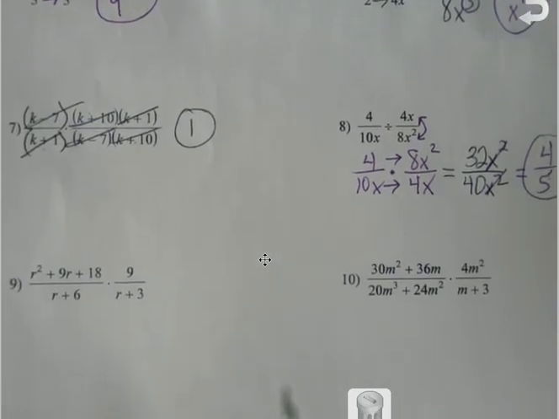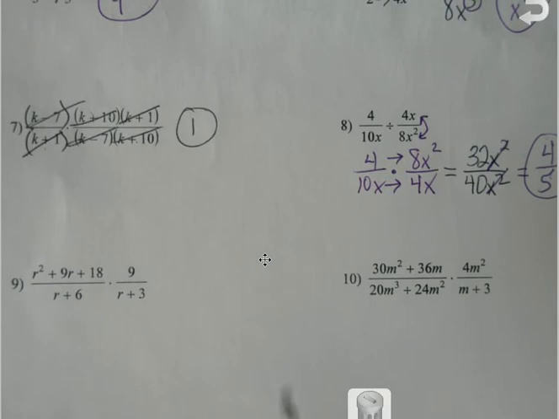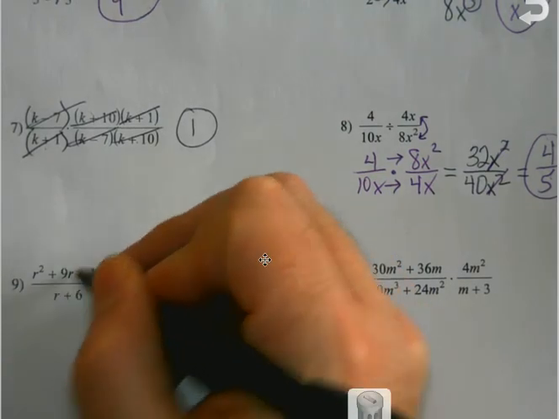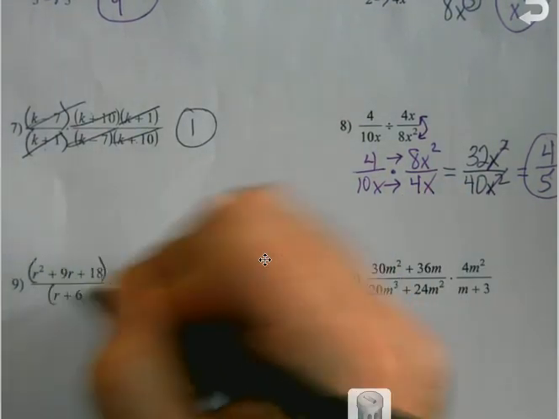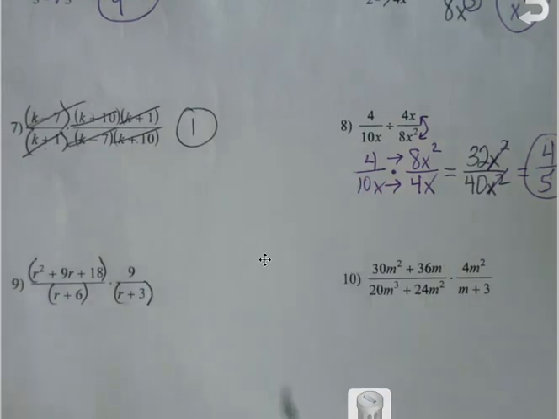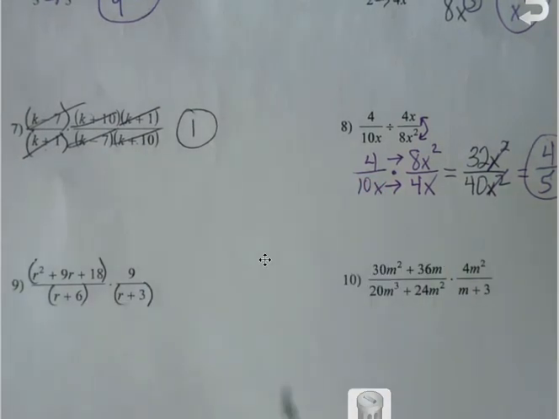Ooh, multiplying. So again, to keep yourself from being that person, the Band-Aid person, we cannot cancel these R's. Okay, I can't cancel here. Remember, anytime I see plus or minus, I gotta put parentheses around to remind myself of that so I don't do something silly. But I do want to look to see, can I factor anything?